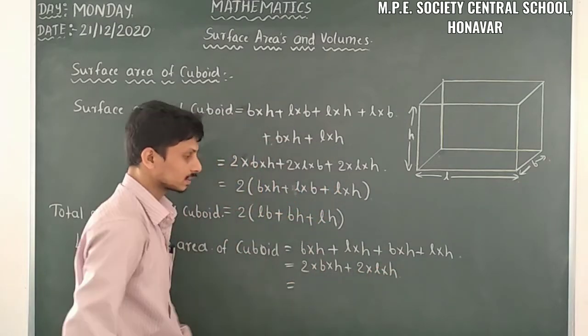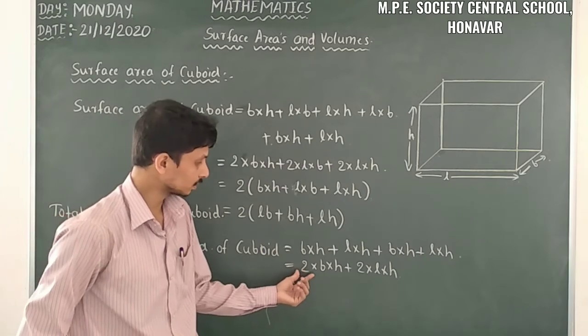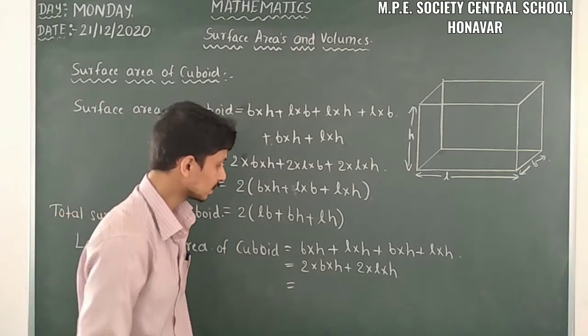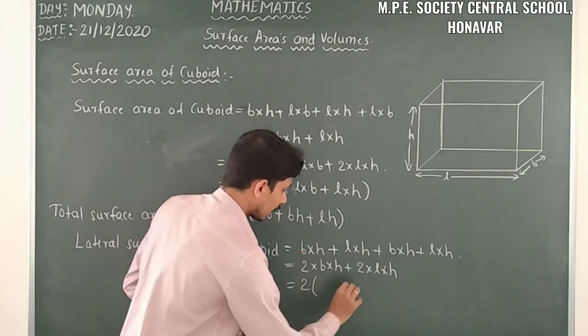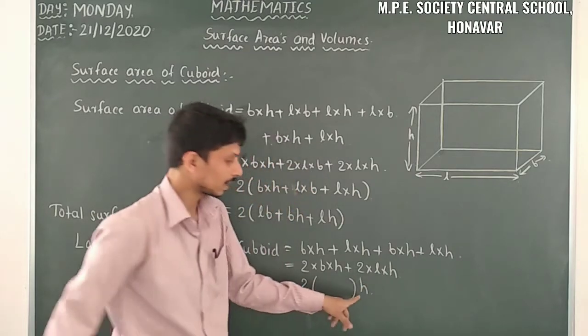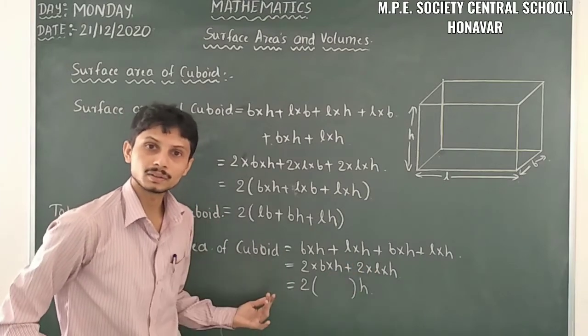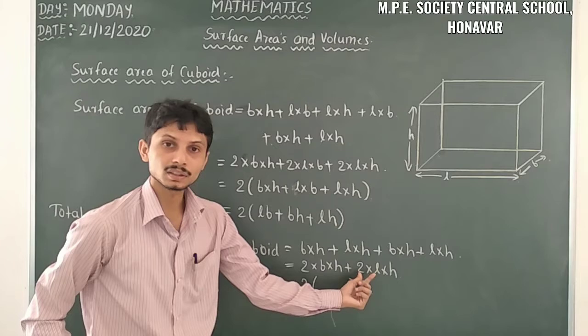So when we take out common quantities, just observe how many quantities we can take outside here. 2 and H we can take outside. Firstly I will take 2 and H outside.